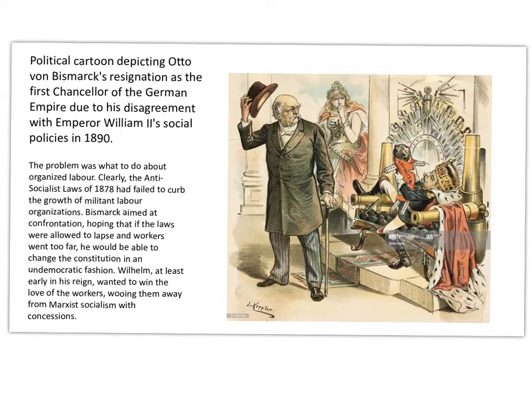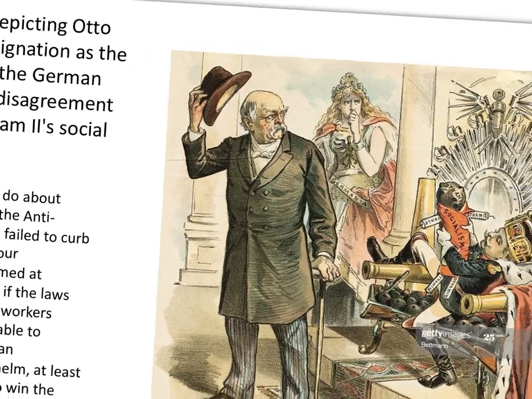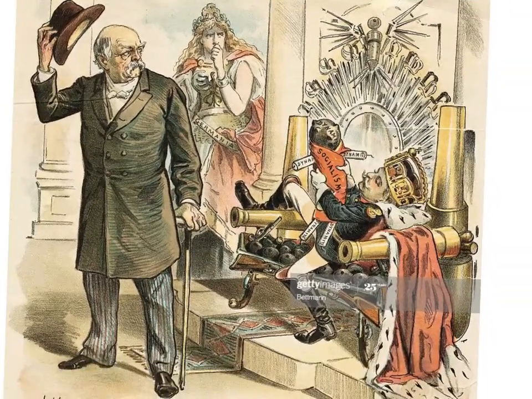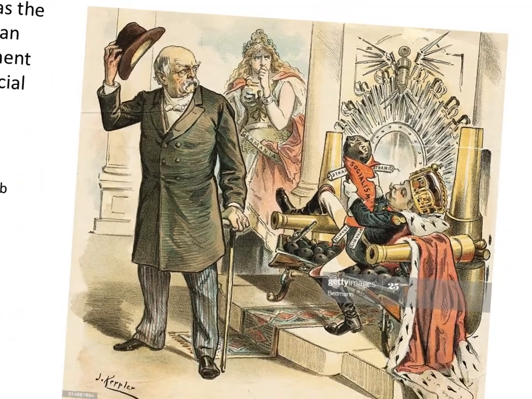Okay, there's Bismarck on the left, and you can clearly see by the look on his face he's disgusted with this young Kaiser who's portrayed as like a little boy. I mean, he was 29 years old, but the point is this new Kaiser. There's a huge difference between a young emperor and an elderly statesman, chancellor. It simply won't work anymore.